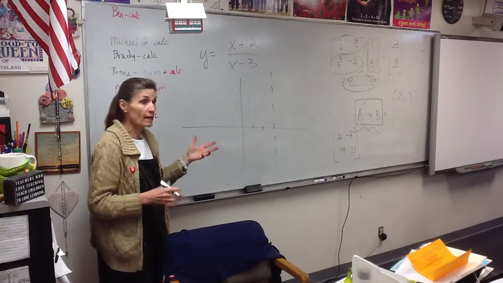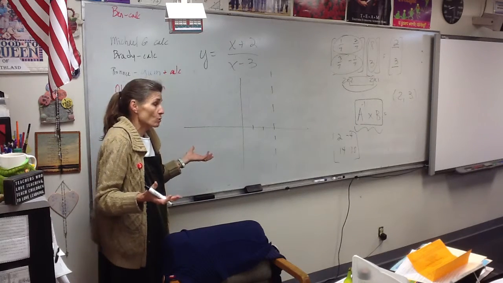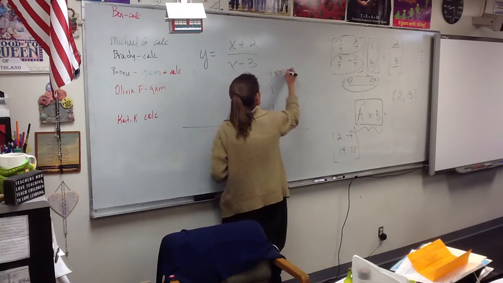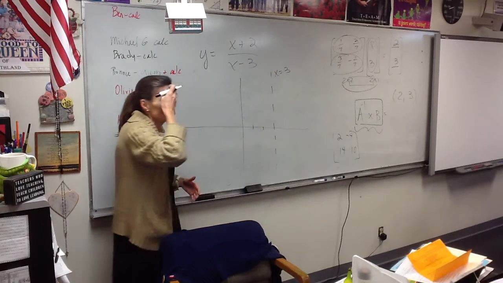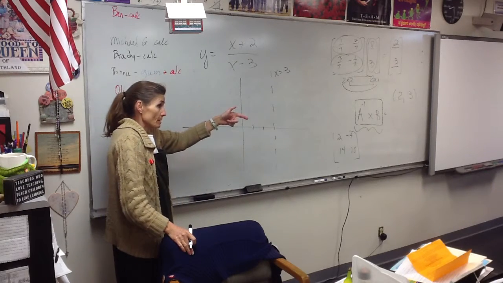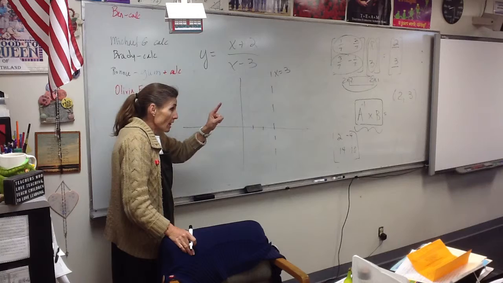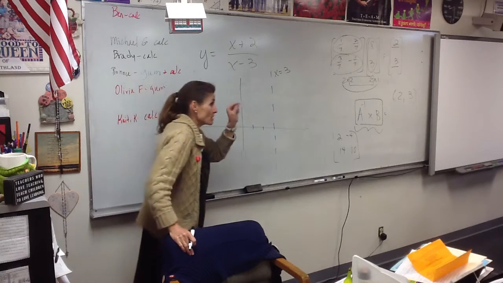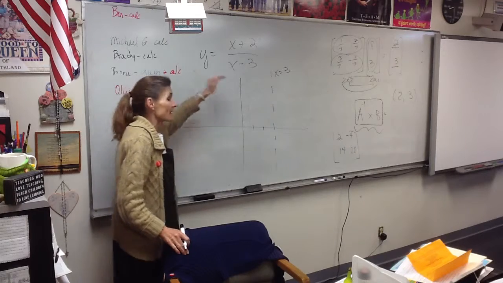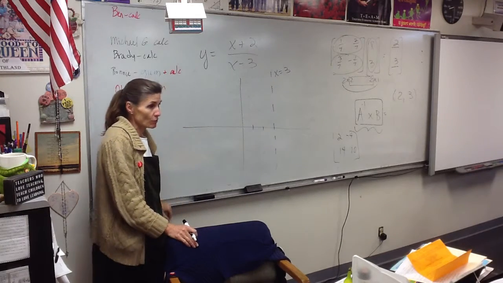Now tomorrow we'll look at a harder problem and it'll have some holes. But this one, no holes. There is a vertical asymptote though at x equals 3. If you have forgotten, remember, vertical asymptotes are where the denominator is 0. When you say to me x can't be 3, that means I have a vertical asymptote.